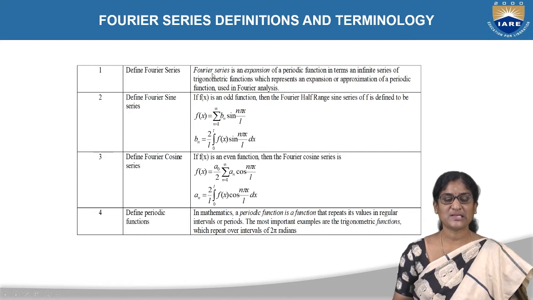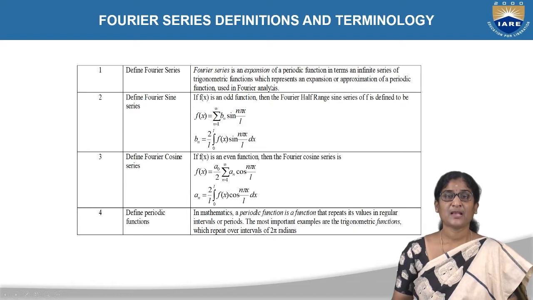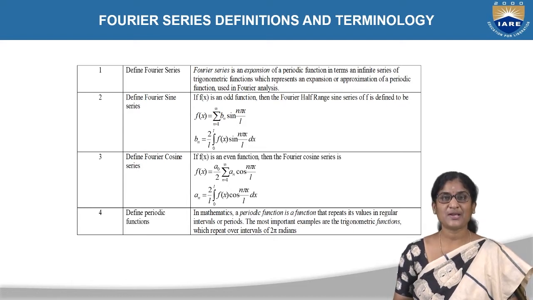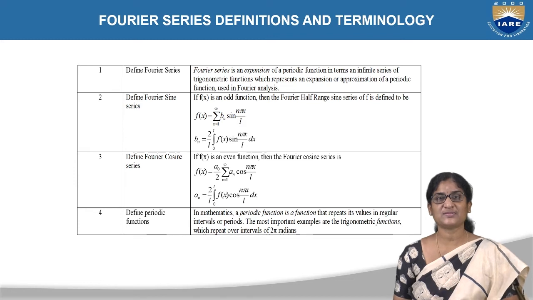Fourier series is an expansion of a periodic function in terms of an infinite series of trigonometric functions, which represents an expansion or approximation of a periodic function used in Fourier analysis. This Fourier series is applied to functions which are periodic in nature, that means they give the same values after regular intervals of time.